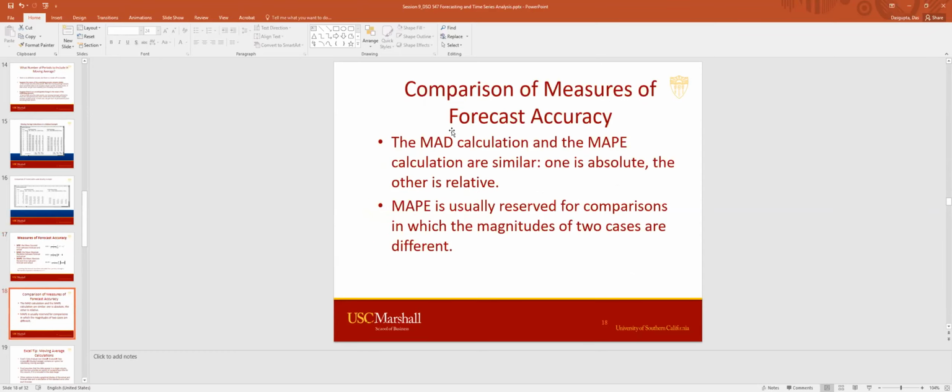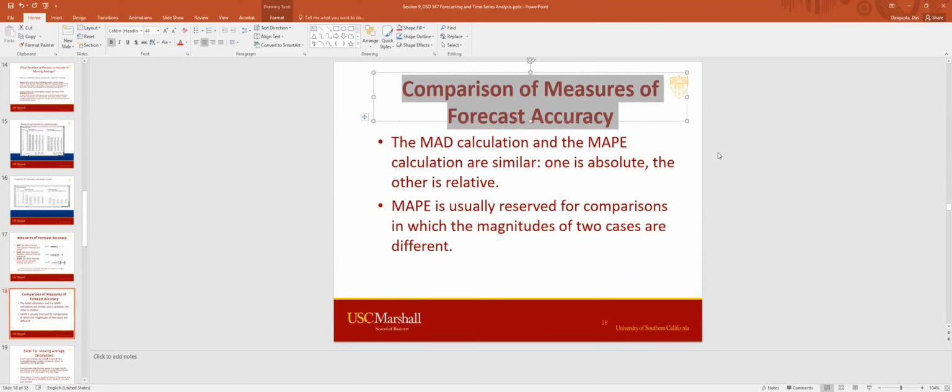Okay. So comparison of these measures of accuracy, if you ask me what happens in the industry, 9 times out of 10, I see people presenting MAPE. And sometimes I see that they also use what is called WMAPE, which is weighted mean absolute percent error, the weight being the volume over which this is being done.